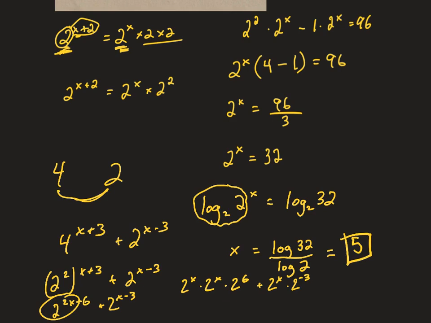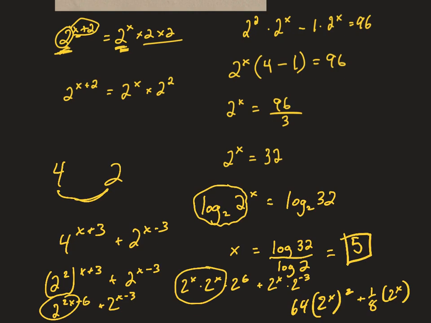This will be 2 to the x squared, so 2 to the x squared. 2 to the 6 is 2, 4, 8, 16, 32, 64. Plus, this is 1/8 times 2 to the x.